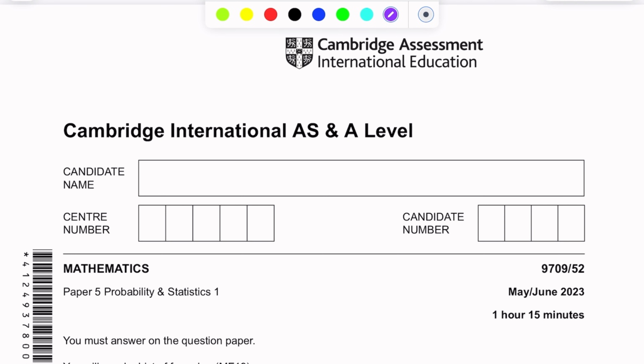May June 2023, paper 5, 5.2 is the variant.